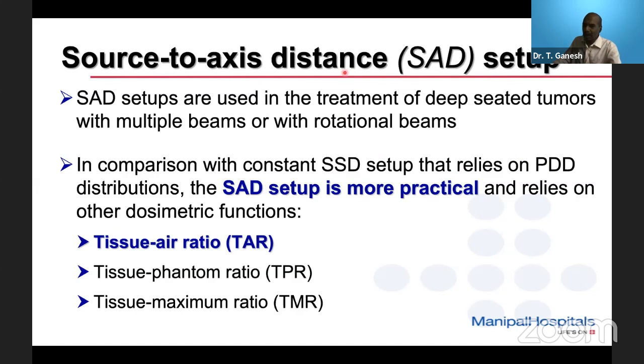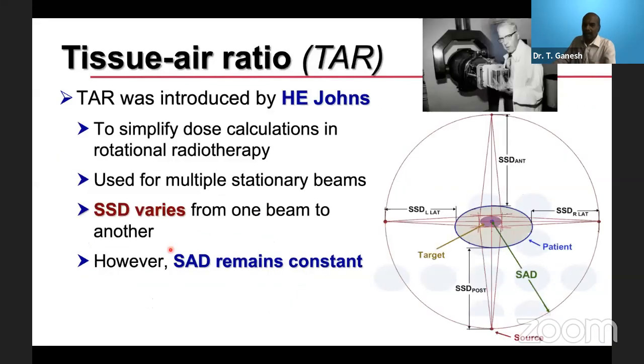But when you are using the SAD setup, then you cannot use that PDD. You can, but it will become more cumbersome. So for SAD setup, which is more practical and easier, this setup relies on other dosimetric functions like tissue air ratio, tissue phantom ratio, tissue maximum ratio. The latter two you will see in the subsequent lectures. We are going to see the tissue air ratio.